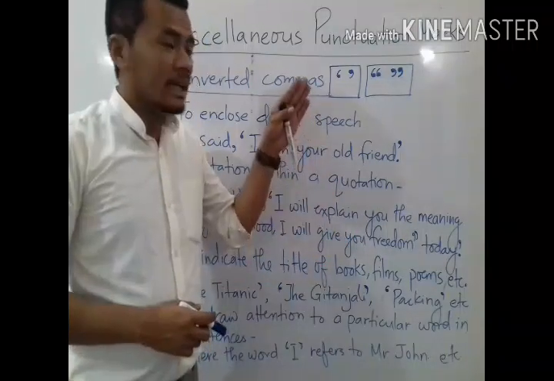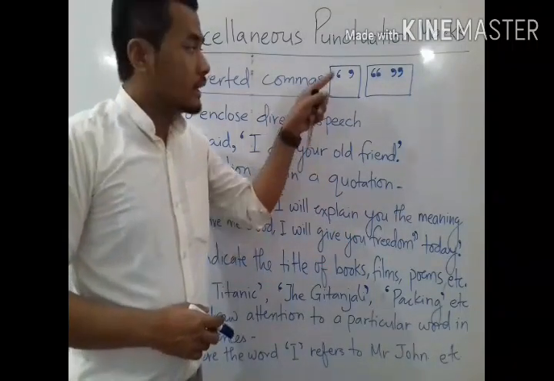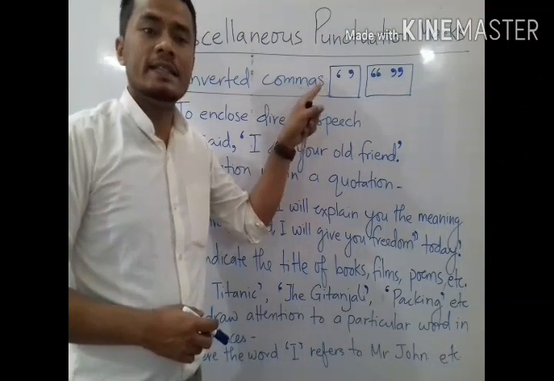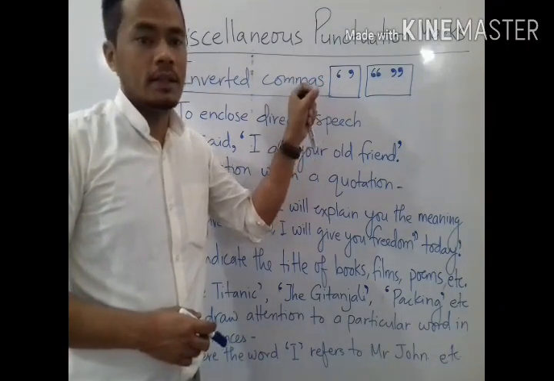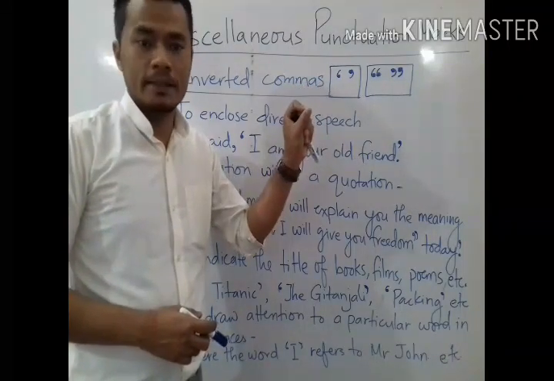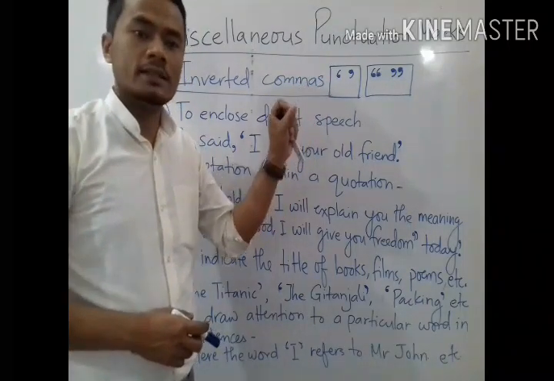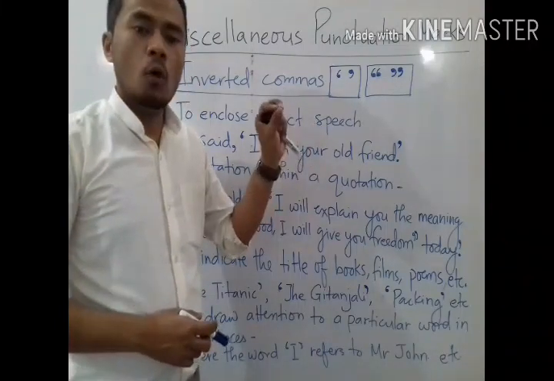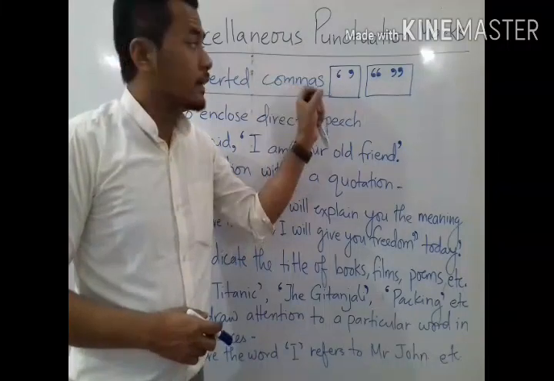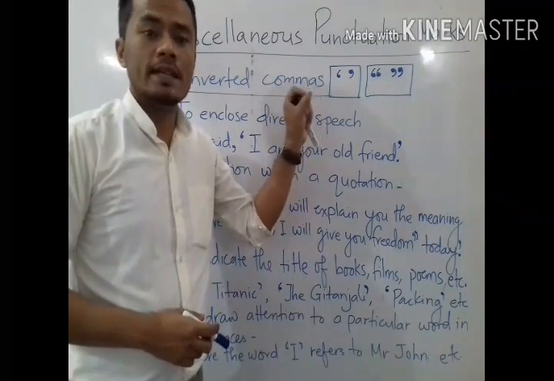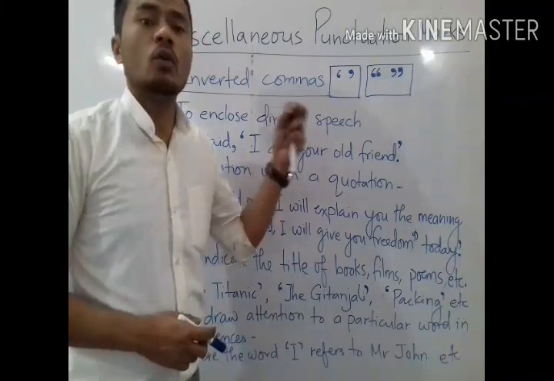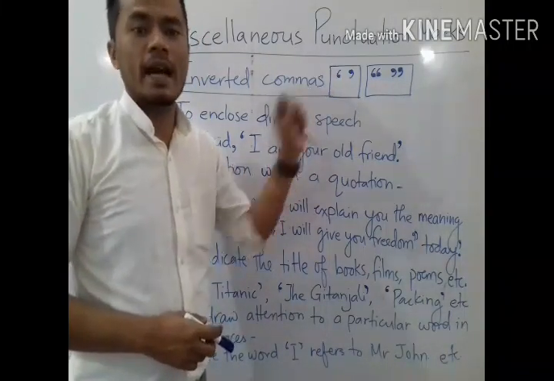In a simple manner we can understand it as 6 and 9. It opens with a mark like 6 and ends with 9. When your teachers say open inverted comma, it means your punctuation mark should look like 6. And when your teachers say close inverted comma, that is 9.